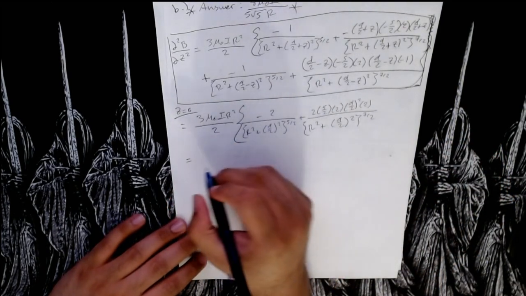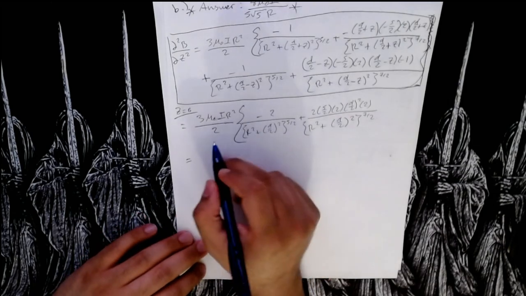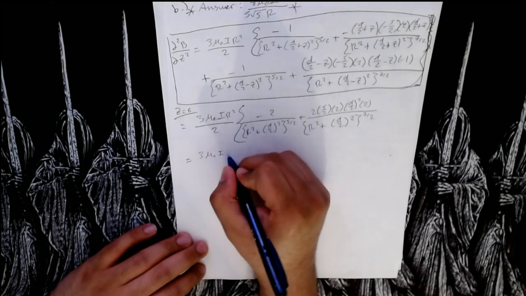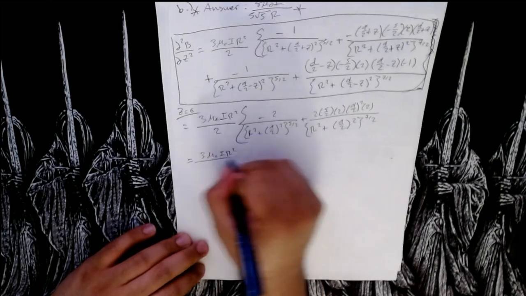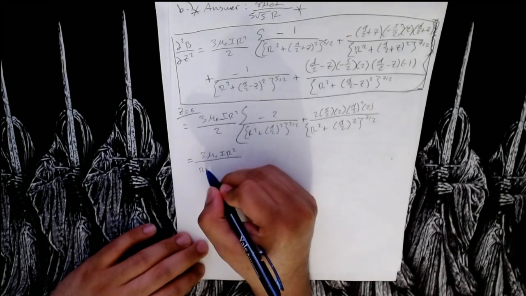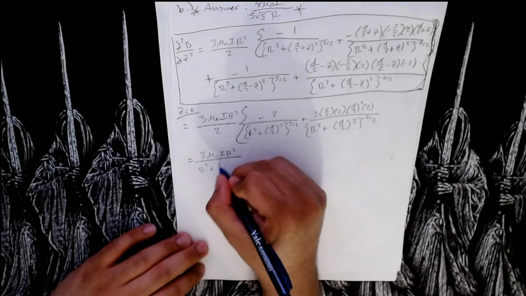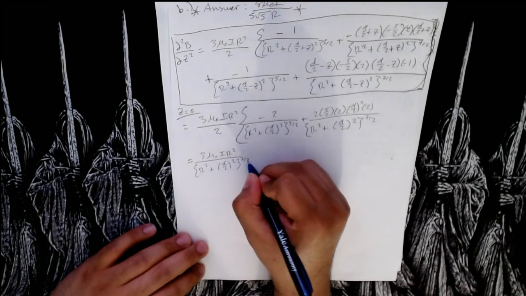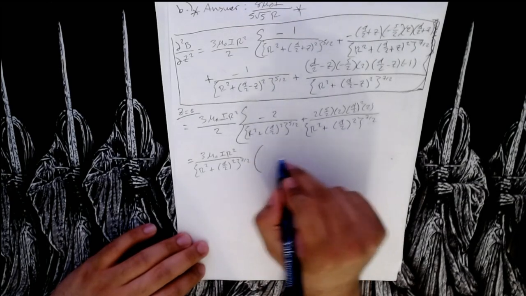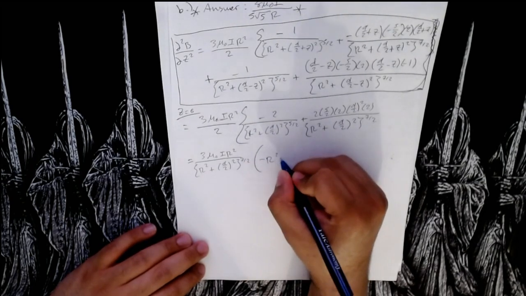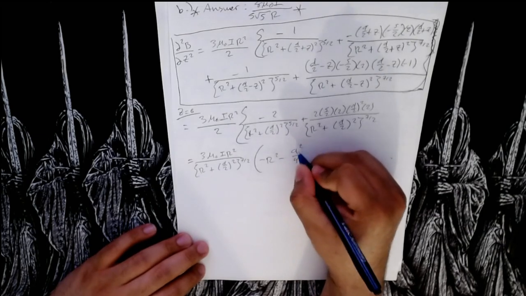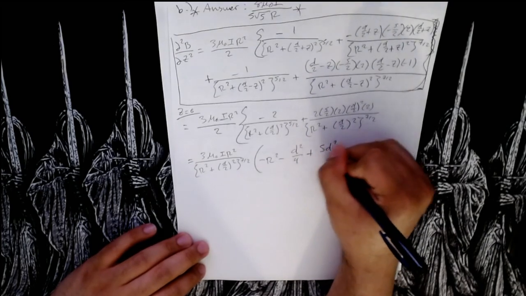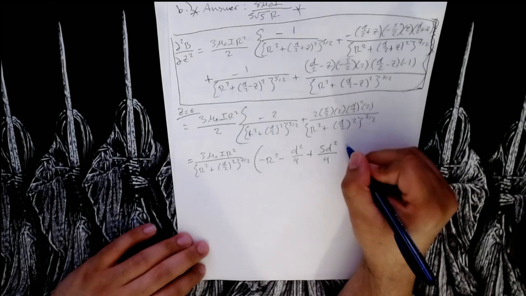This is just going to boil down to, let's see, I can pull out 3 mu naught I r squared over (r squared plus (d/2) squared) to the 7/2. Then I'll have negative r squared minus d squared over 4 plus 5d squared over 4.